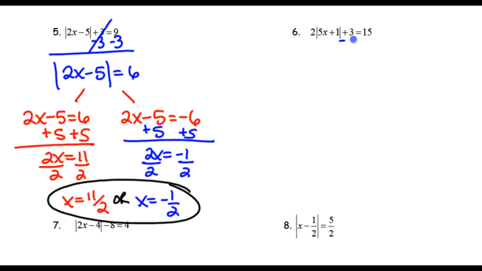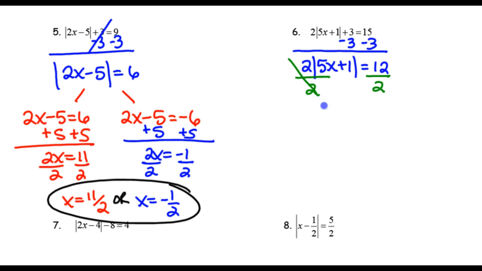So I'm going to subtract 3 from both sides of my equation, and we're going to get 2 times the absolute value of 5x plus 1 equals 12. Then I'm going to divide both sides by 2 to get rid of that 2. So I'm left with the absolute value of 5x plus 1 equals 6.